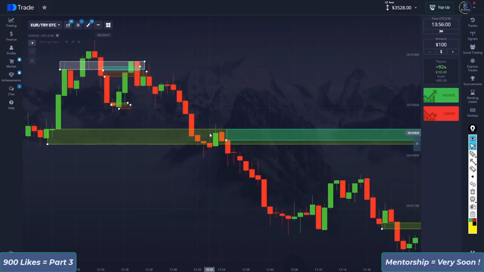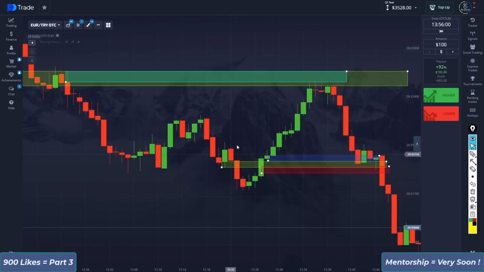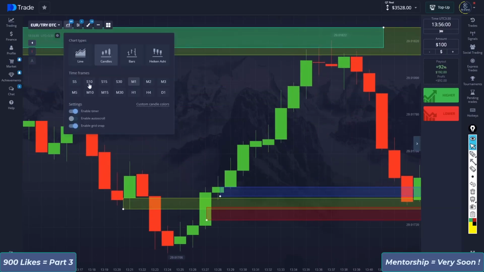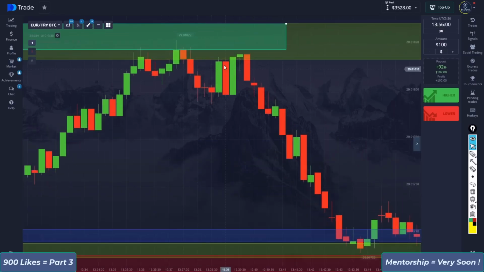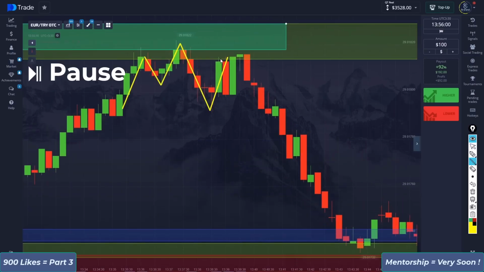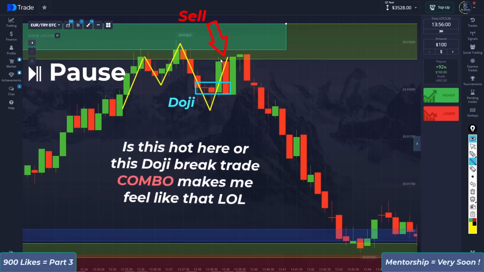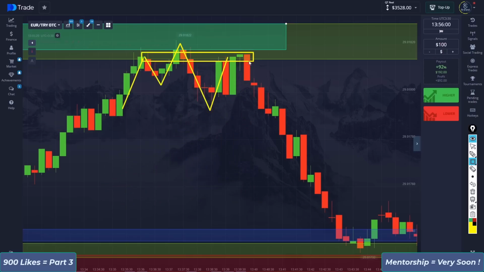We have a beautiful SPR here, so I'm looking for an entry for my sell. And then all of a sudden, you will see that it's also creating a QM. This is also a QM, okay? So you are like, okay, that's beautiful. Let's add one more trade right here.